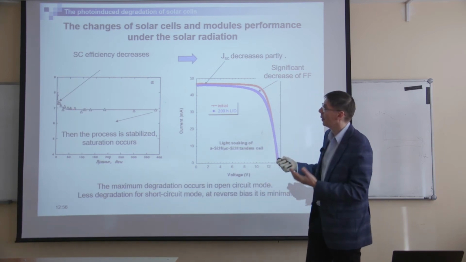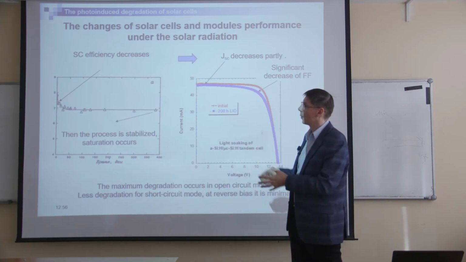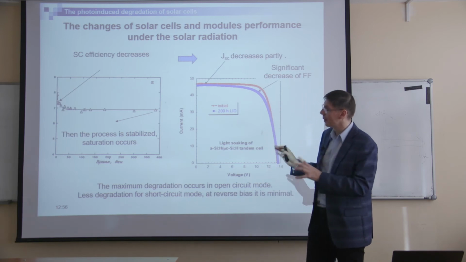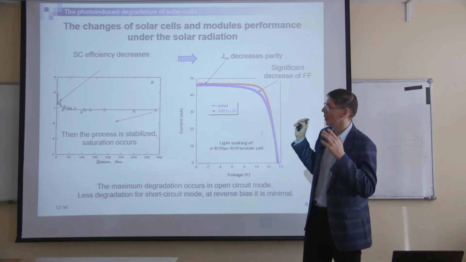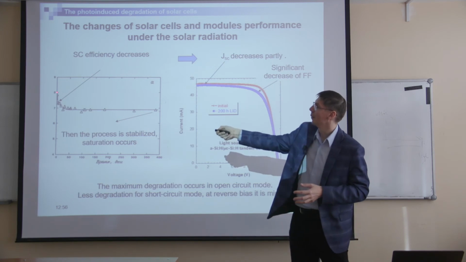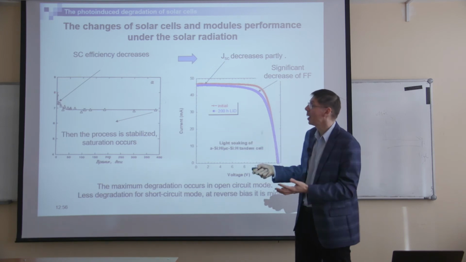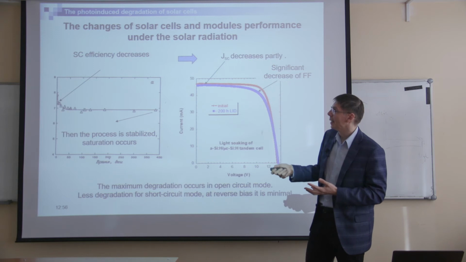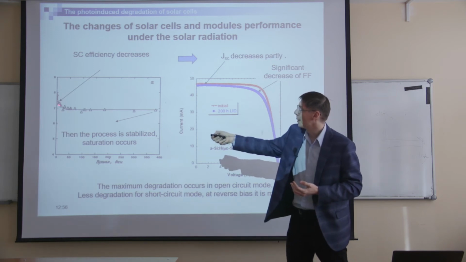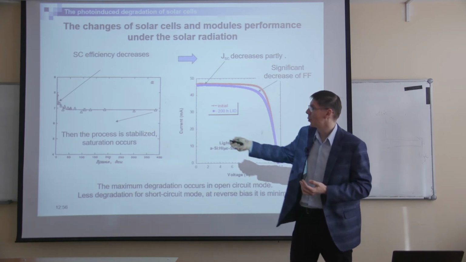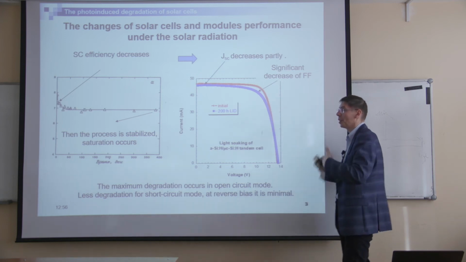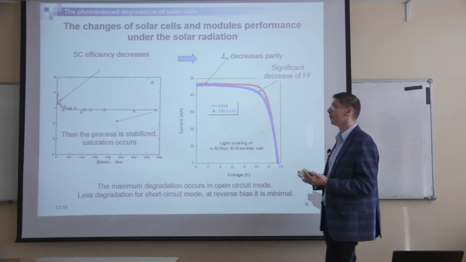So I mean, we have a more or less drastic decrease of the solar cell efficiency for the first time, and then we have some kind of stabilization. So it is a self-saturated process, as people told.